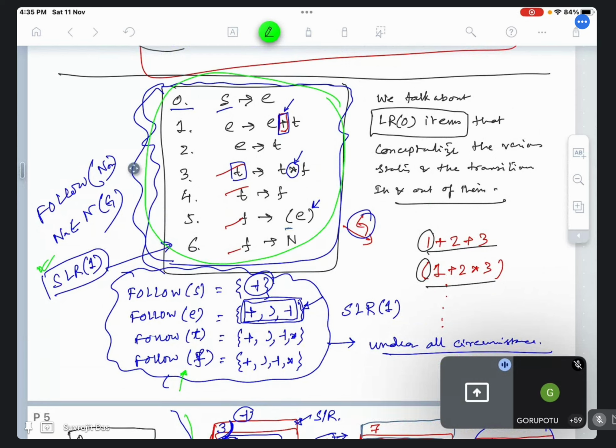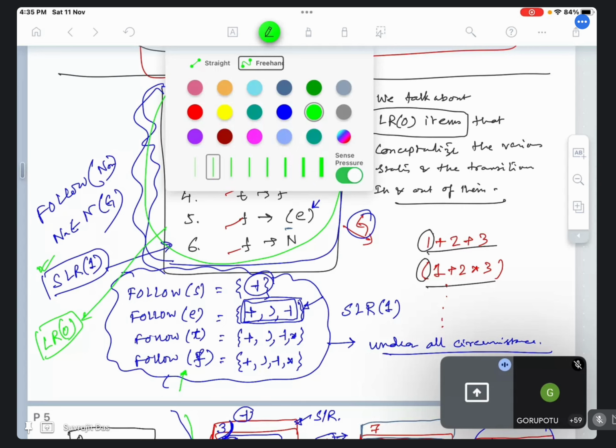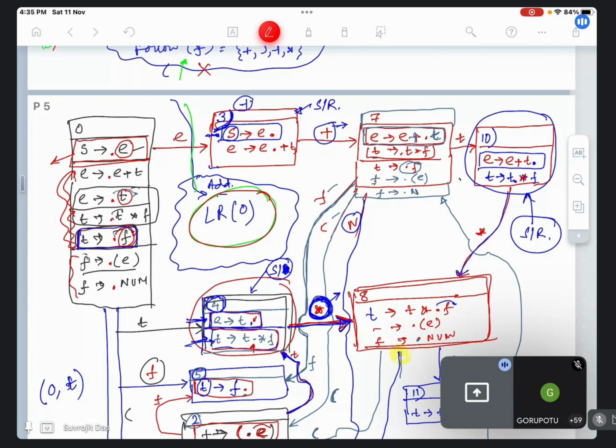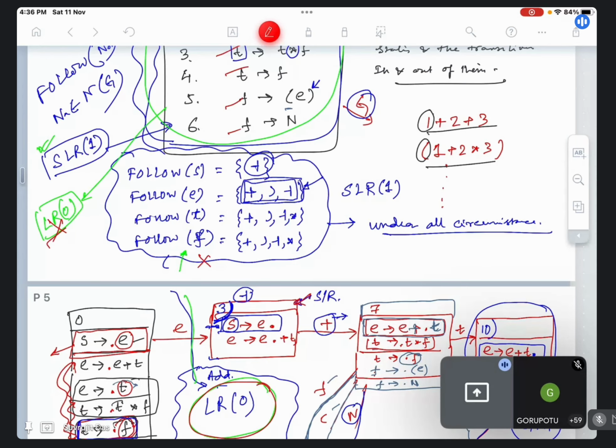But this grammar in this example is not an LR0 grammar, right? It is not an LR0 grammar. Why? Because by only considering LR0 items, if you do not consider the follow set applications, you have SR conflicts in these states, right? You have 3 states with SR conflicts. So this grammar is not an LR0 grammar.